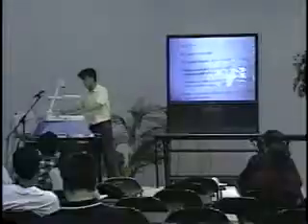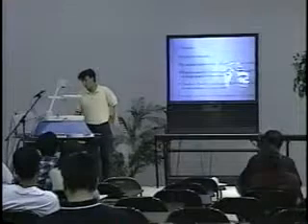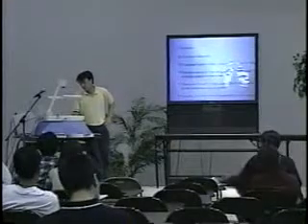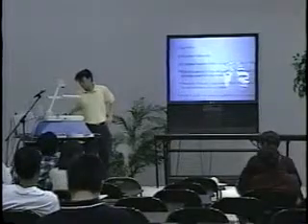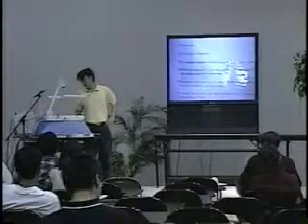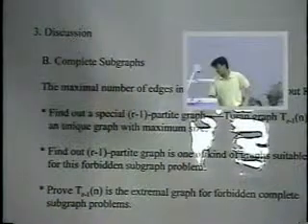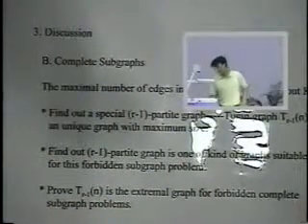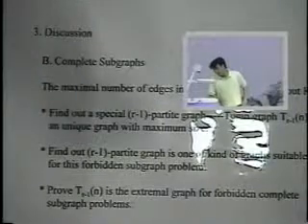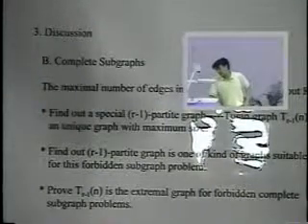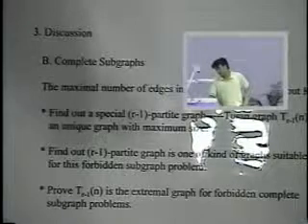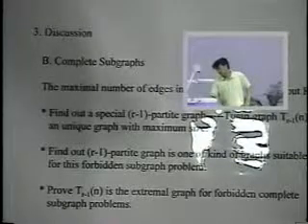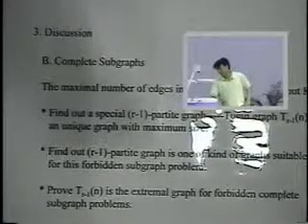The more interesting thing, I think, is about complete subgraphs. The specific question is: what is the maximum number of edges in a graph of order n without K_r? First, let's look at (r-1)-partite graphs, because we know the (r-1)-partite graph is one kind of graph suitable for this forbidden subgraph problem.